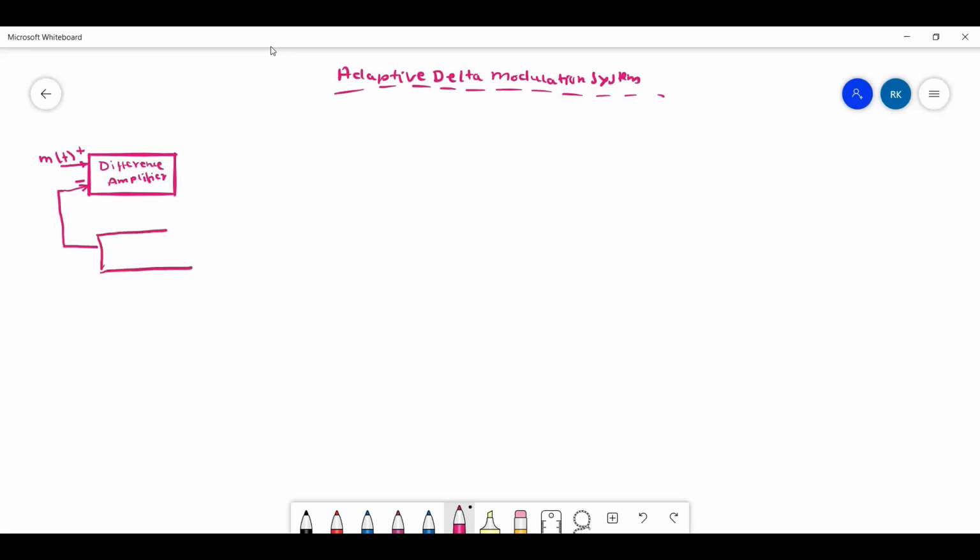This other part is nothing but an integrator, because we need to accumulate the amplitude values as we go ahead in time. The output of this difference amplifier, which is delta t, is given as an input to the modulator.